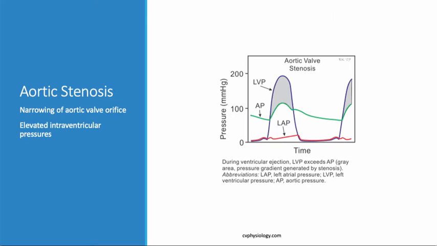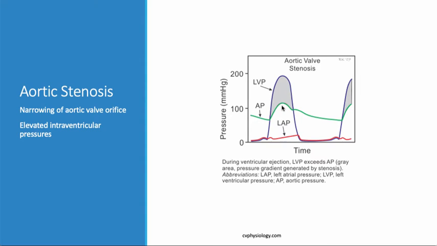Well, when we take these patients to the cath lab and we put a catheter into the left ventricle and a catheter into the aorta, we measure the aortic pressure here, and we measure the left ventricular pressure here. Well, the difference at peak systole between the ventricular pressure and the aortic pressure is the gradient.